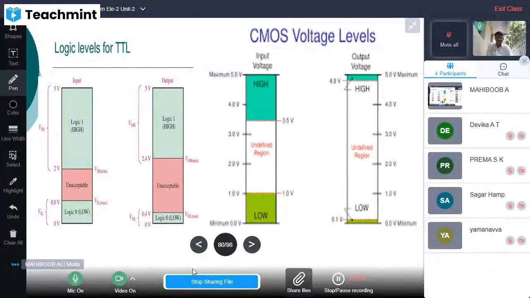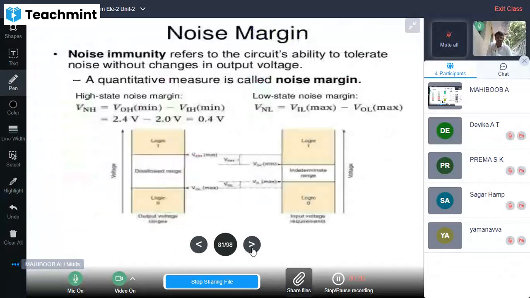Under such conditions, if you see the logic margin, that is high state noise margin, VNH is equal to VOH minimum minus VIH minimum, 2.4 volts minus 2 volts, that is 0.4 volts is the noise margin.